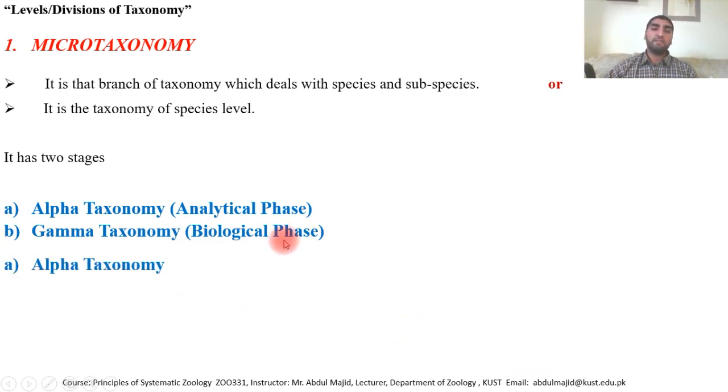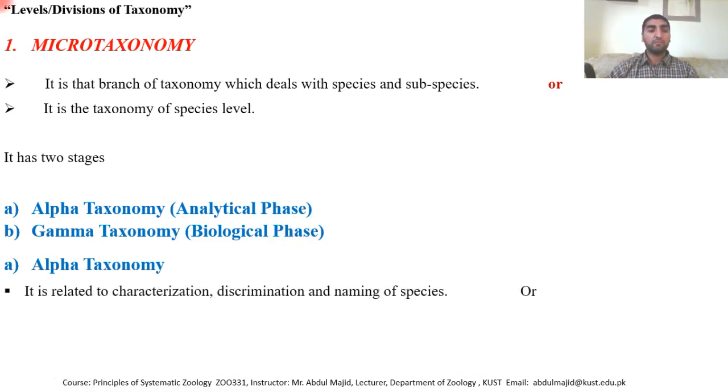So what is alpha taxonomy? Let's talk about the alpha taxonomy or analytical phase, or you can say alpha phase. It is related to characterization, discrimination, and naming of species.